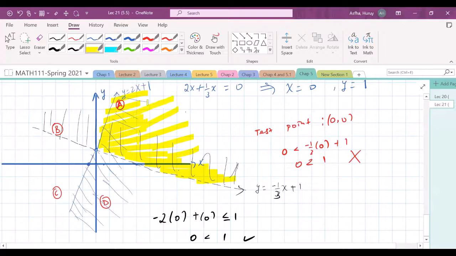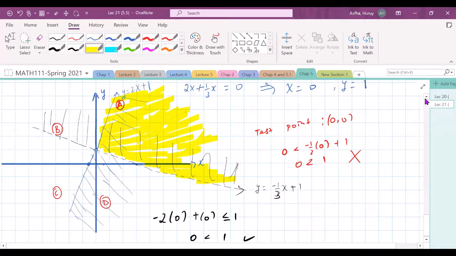So this is how we solve a system of linear inequalities in two variables, and it's more or less similar to the linear inequality in one variable.